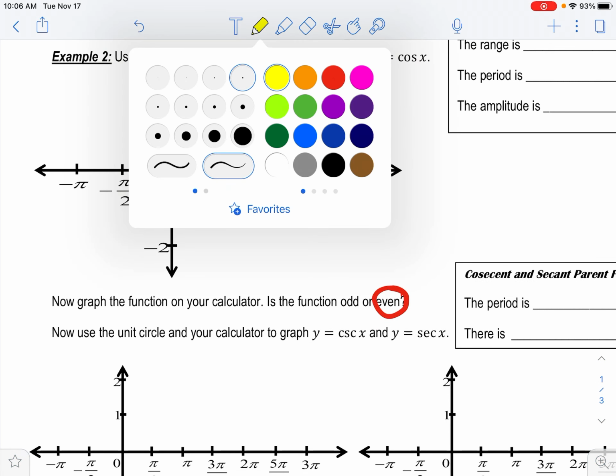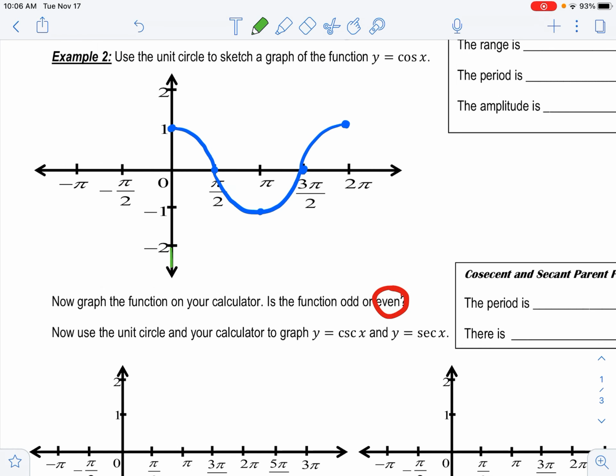All right, if you look at cosine here, from this x value to this x value, this is called one cycle. Okay. If I draw in the midline, I'll do that in yellow again. So the midline goes right through the middle of it.